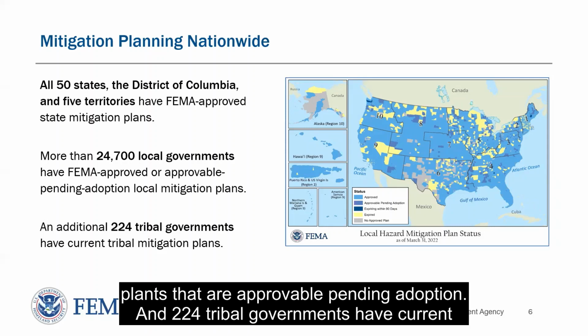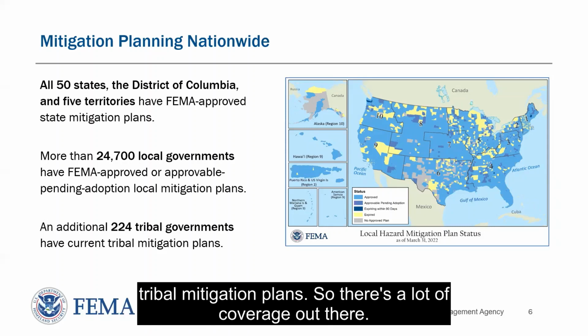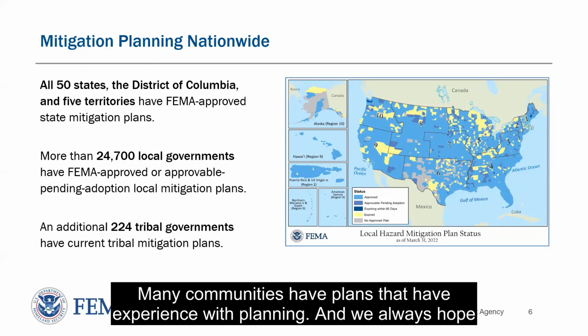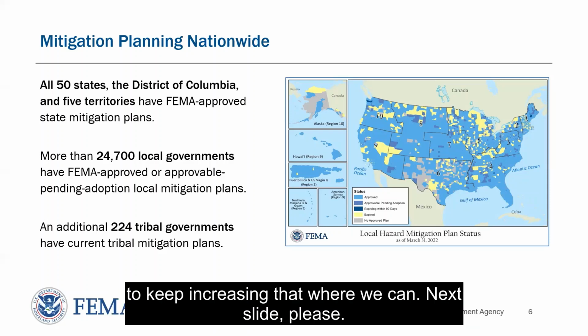And 224 tribal governments have current tribal mitigation plans. So there's a lot of coverage out there. Many communities have plans and have experience with planning. We always hope to keep increasing that where we can.